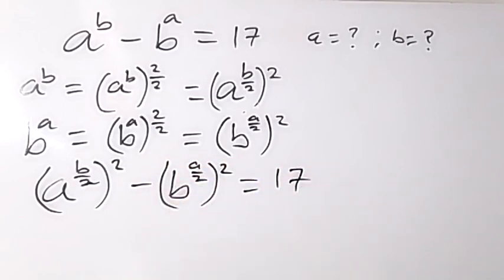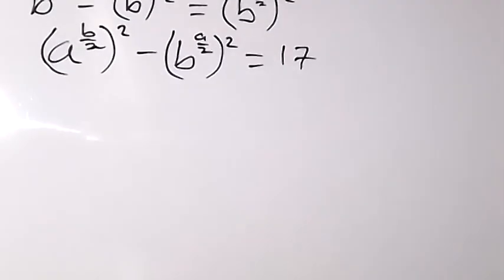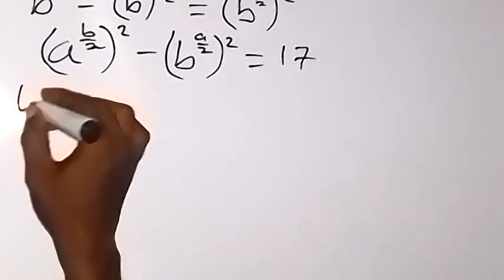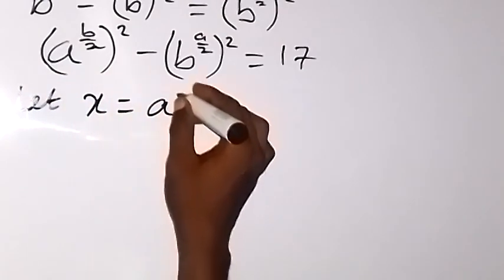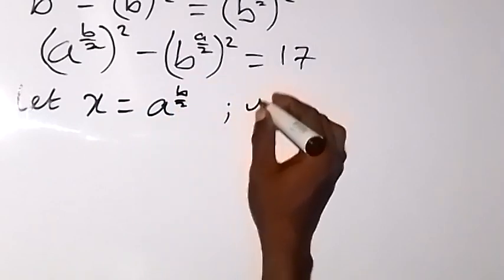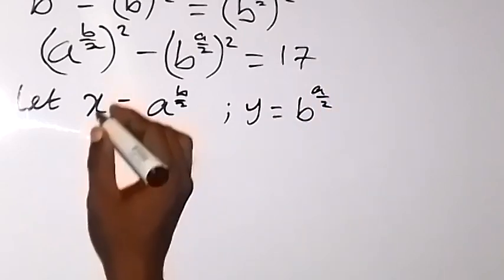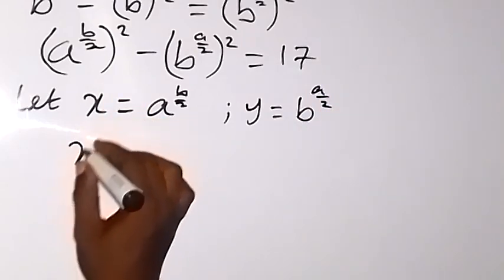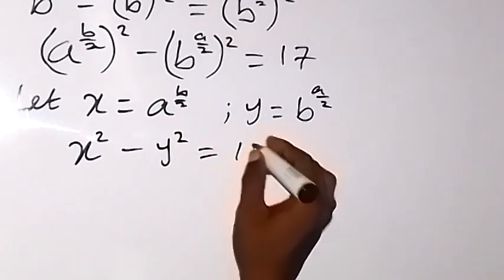And from there, we can let a letter represent each of these. So let x be equal to a raised to power b over 2, and let y be equal to b raised to power a over 2, so that it will become x squared minus y squared equals 17.